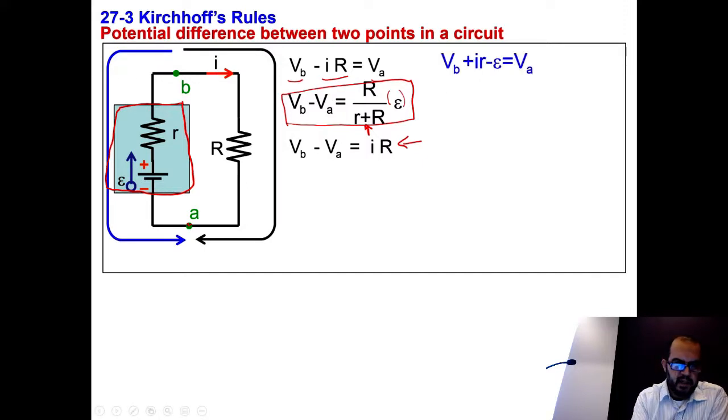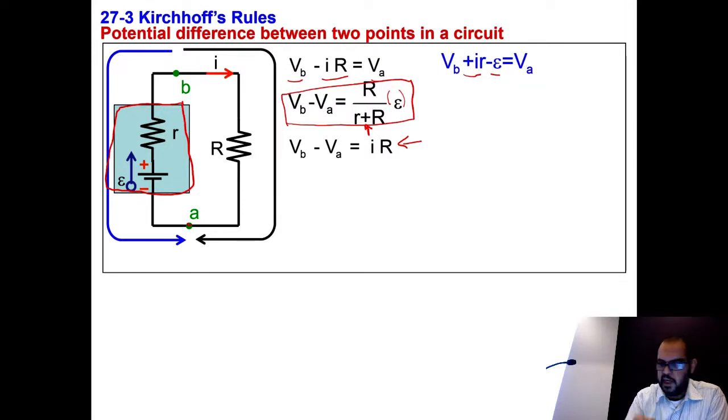Here I start at point B, then I go through small resistance r in the opposite direction to the current, so it's plus Ir. Remember, this is the current I. Then we're going through the EMF through the positive terminal, so it's minus epsilon. We reach point A, so this is equal to VA.